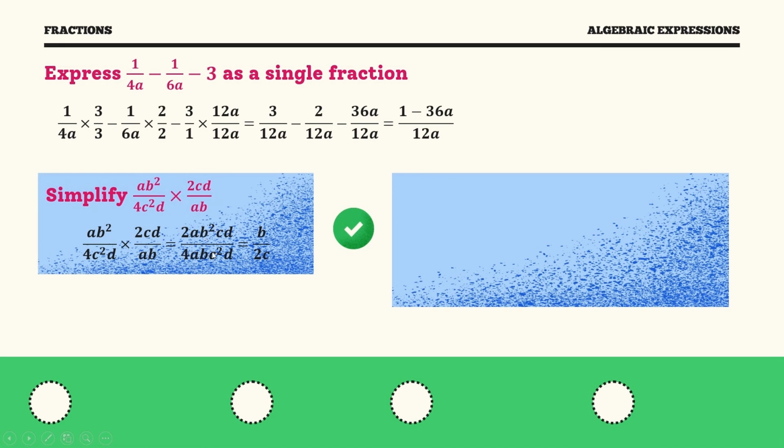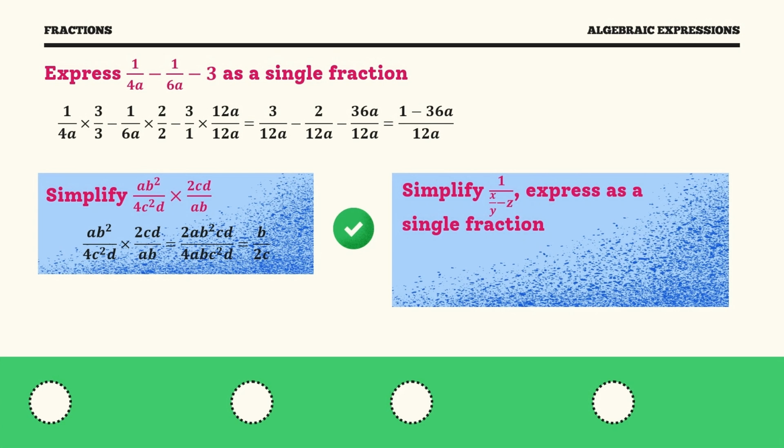B squared divided by b equals b, so we only have b as the numerator. C divided by c squared equals 1 over c, so we've got c in the denominator here. So the result of this question is b over 2c.